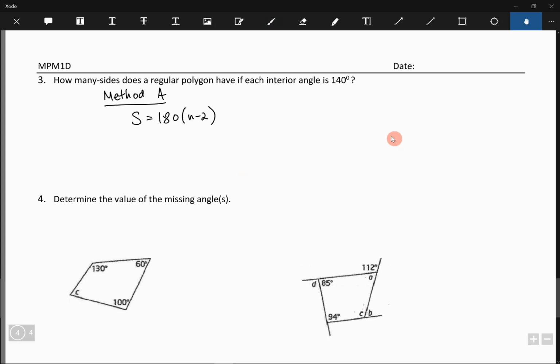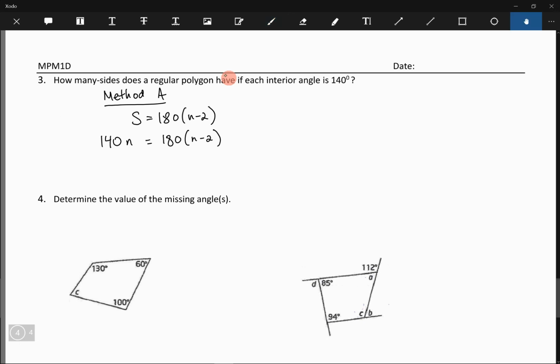And if each interior angle is 140 degrees, then 140 degrees times the number of sides will give me the total sum. So 140n equals, on my right side, 180 times n minus 2. And all I have to do now is solve for n.